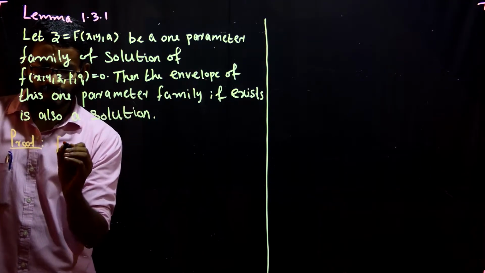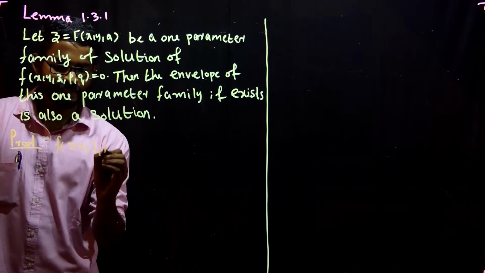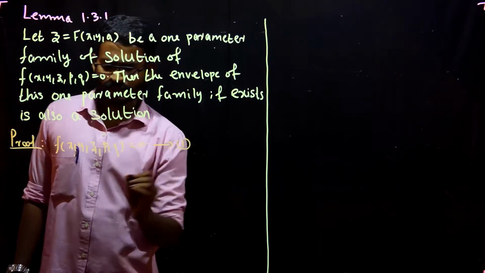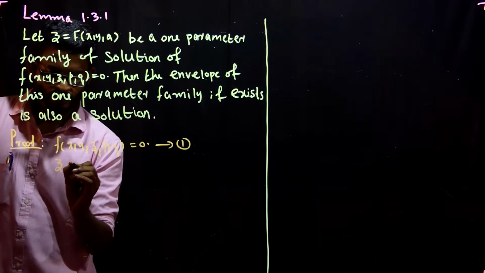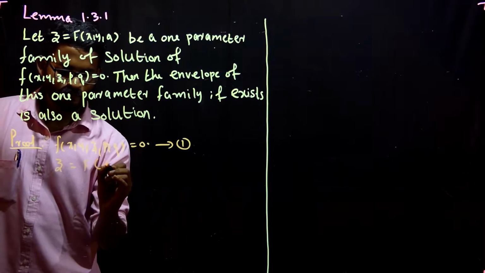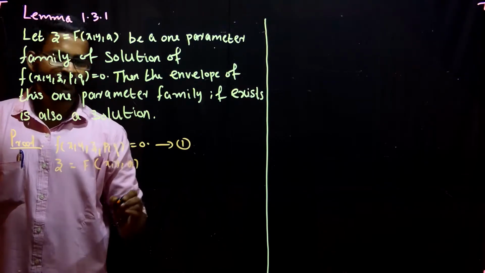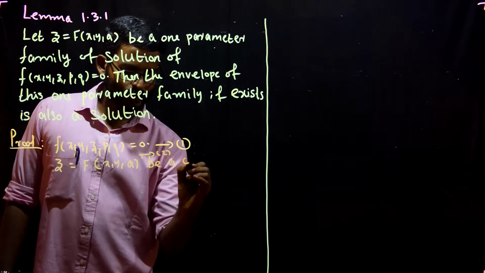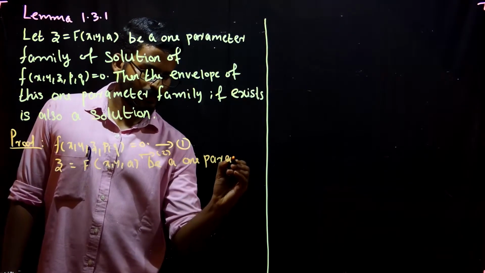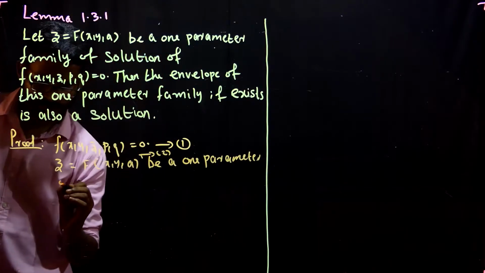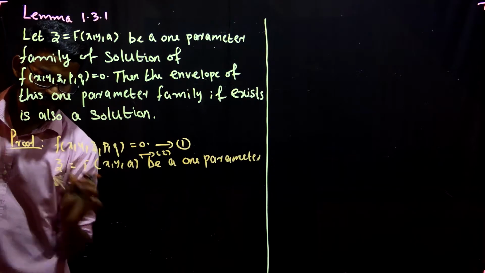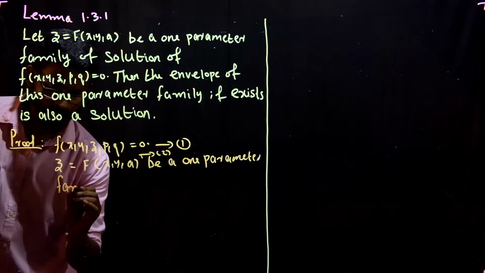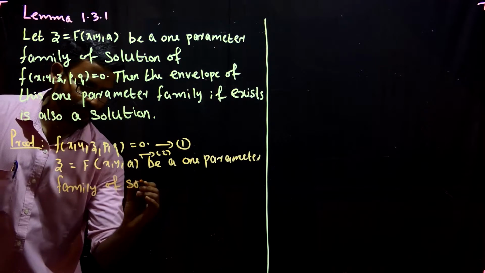We have f of x, y, z, p, q equal to 0, and mark it as equation number 1, and z is equal to capital F of x, y, a, b, and mark it as equation number 2, a one parameter family of solution.